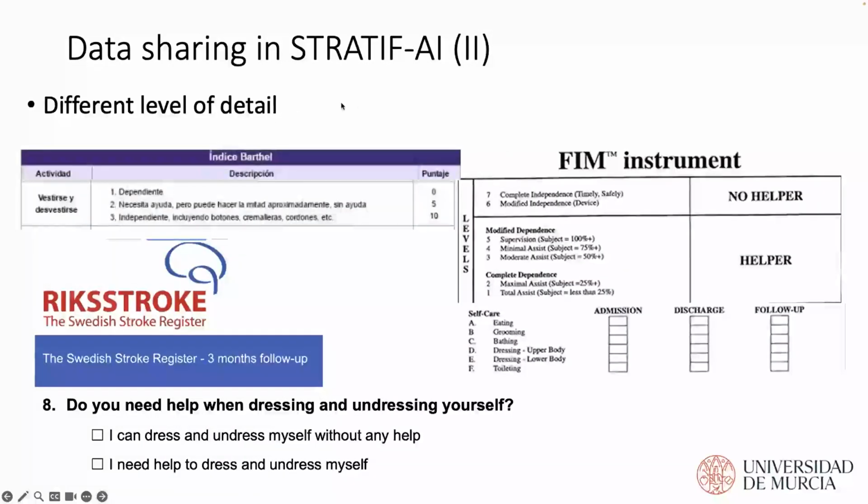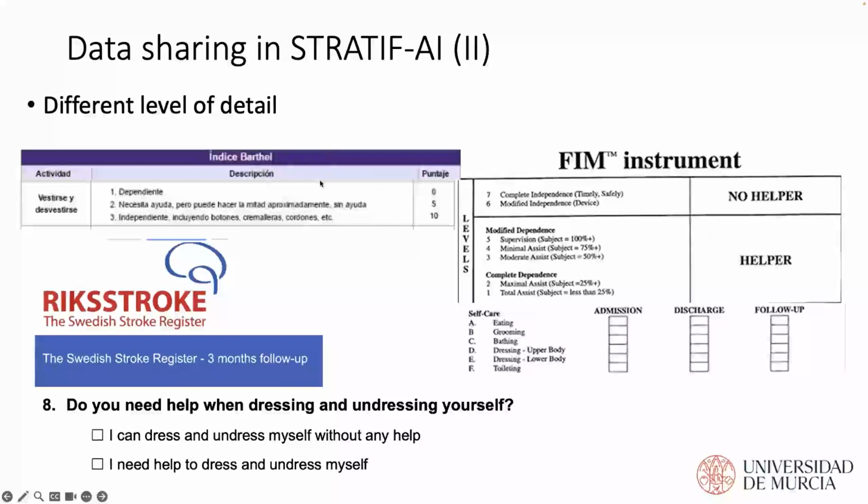Here we also have another example of heterogeneity, but here of some data collected about the level of independence of a patient for dressing and undressing, collected at a different level of detail. So for instance, here, the assessment scale Barthel is used. This is from Spain.